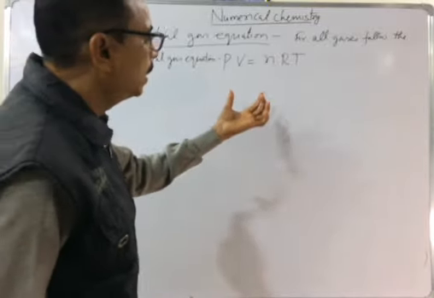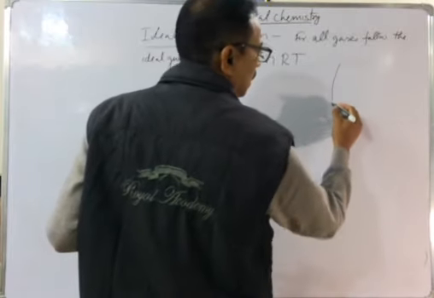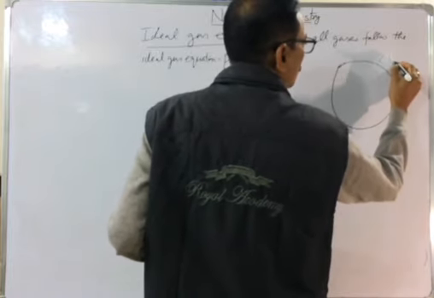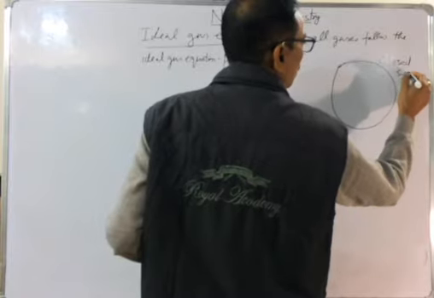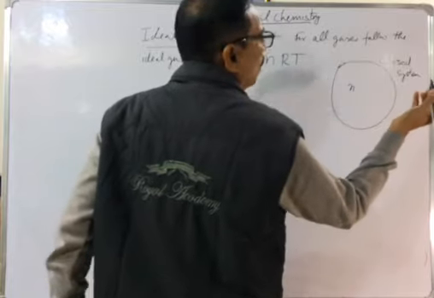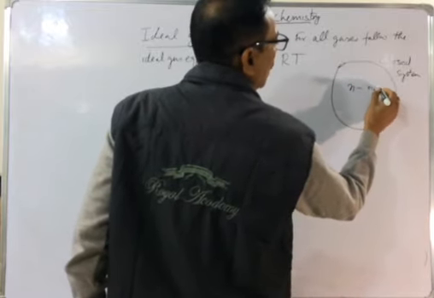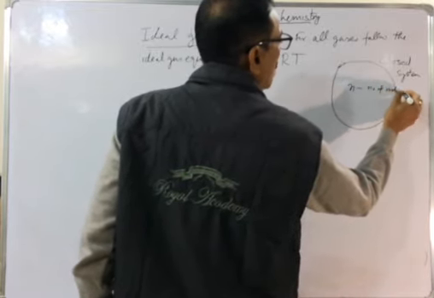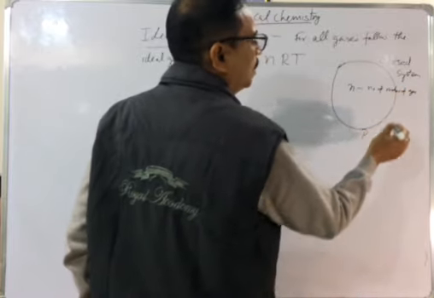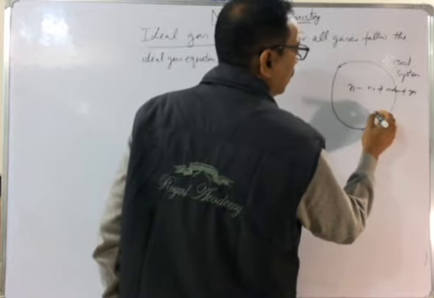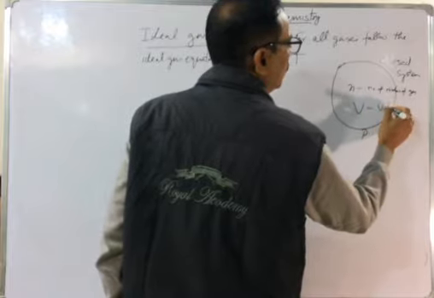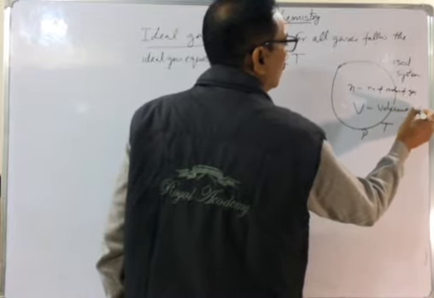Suppose this is a container, a closed container or closed vessel, a closed system. Suppose n is the number of moles of gas in the vessel, P is the pressure of this vessel, T is the temperature of the gas, and V is the inside volume of the vessel.